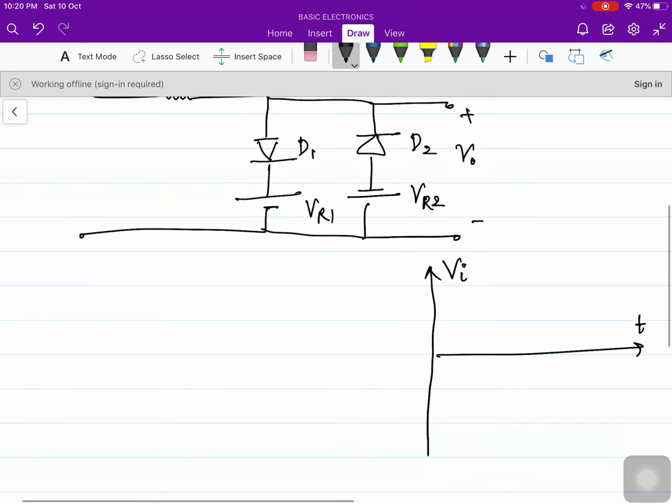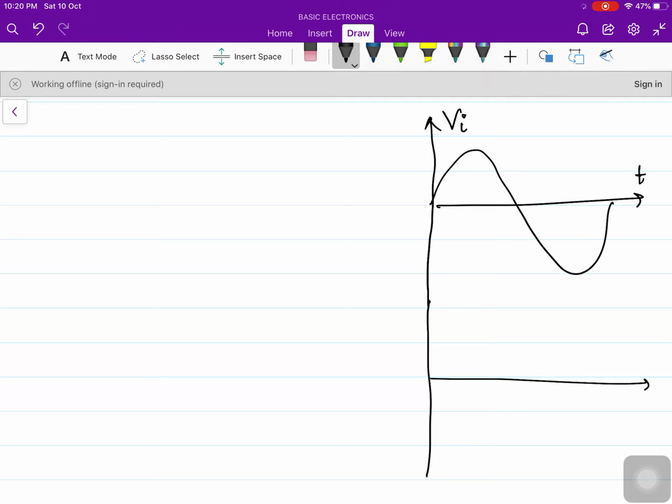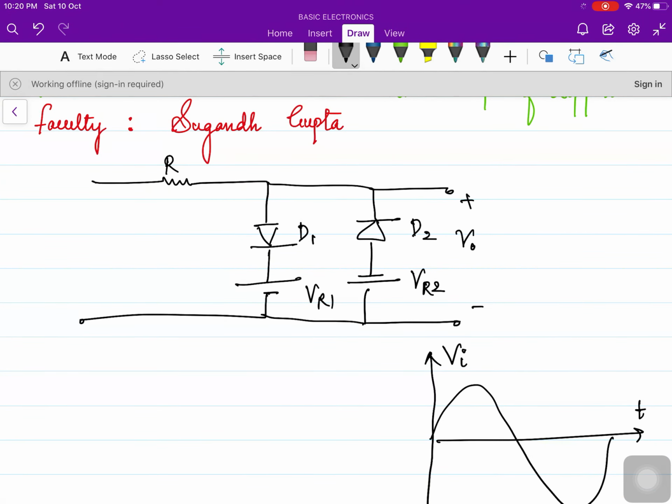This is an input waveform and our objective is again to draw an output waveform. So let us first of all analyze and calculate the outputs, and at the last we will draw the output waveform. So this is Vi.